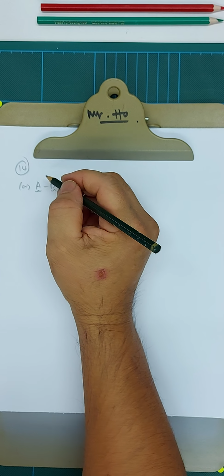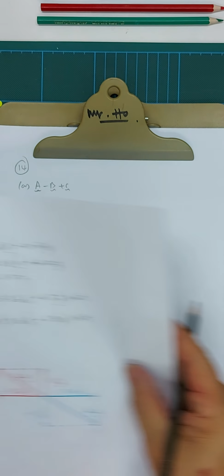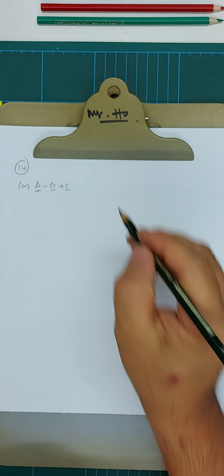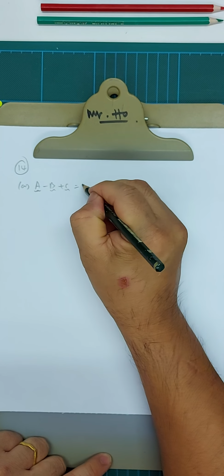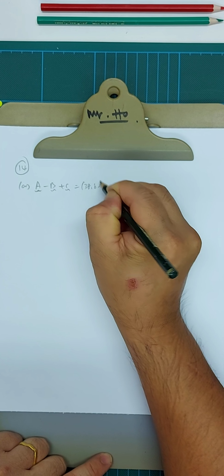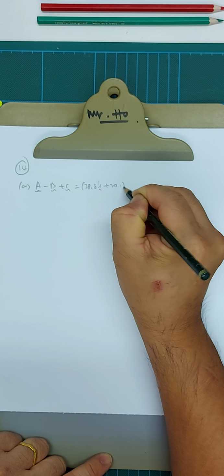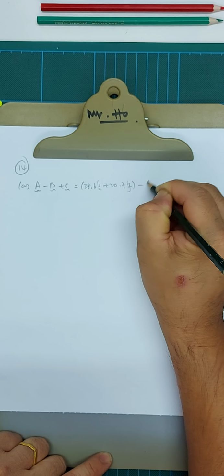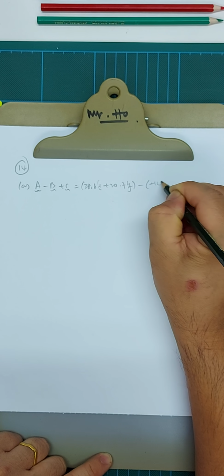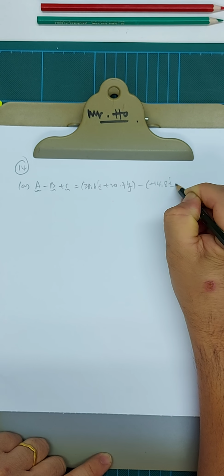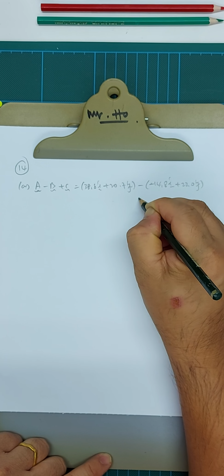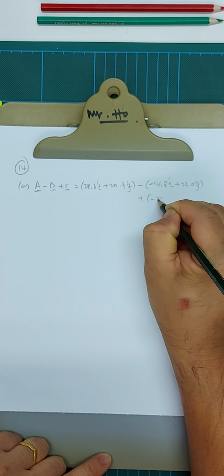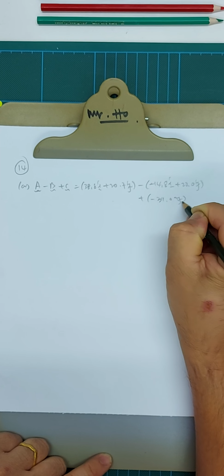We're going to use the vector again here. So a will be 38.8i plus 20.7j, minus b is negative 14.8i plus 22.1j, and then plus c, negative 31.0j.